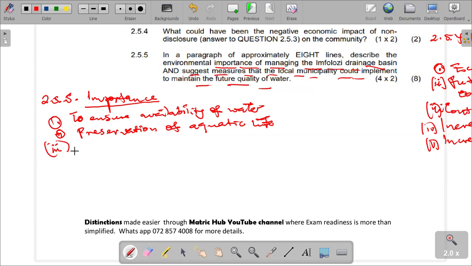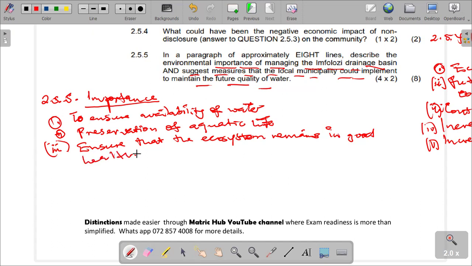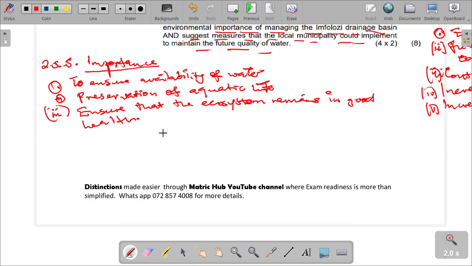It also ensures the healthy balance of the ecosystem, so that the ecosystem remains in good health. We are talking about the interrelatedness, or interdependence, of organisms in the environment, which remains healthy because of drainage basin management.